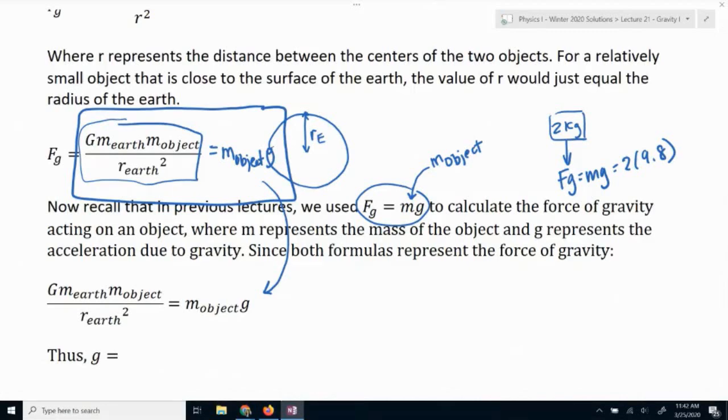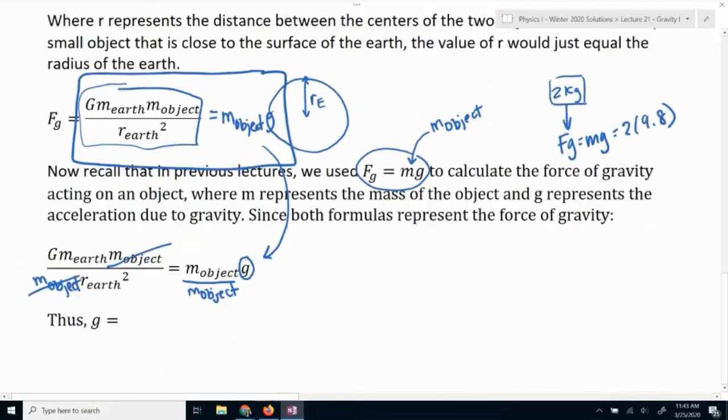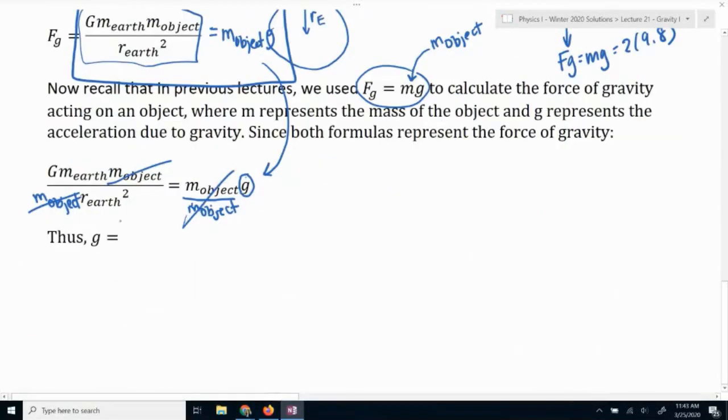We're talking about an object that's close to the surface of the Earth, and we're trying to solve for this g over here. So if we divide both sides by the mass of the object, we can see that this mass cancels out. And then when we solve for g, we're left with capital G, mass of the Earth, over radius of the Earth squared.